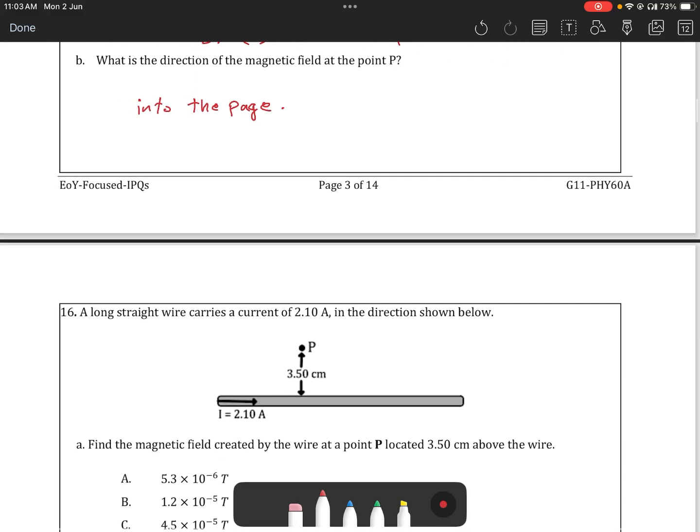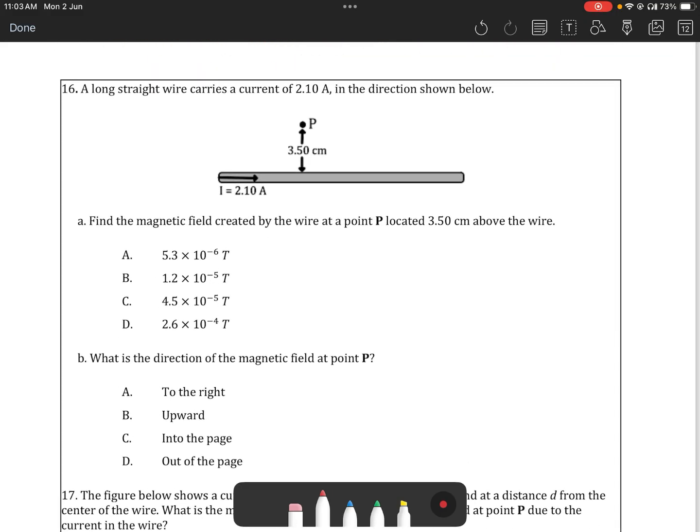Now, next question, we will use the same formula to find the same thing, magnetic field strength.